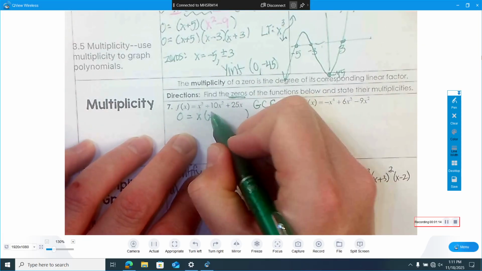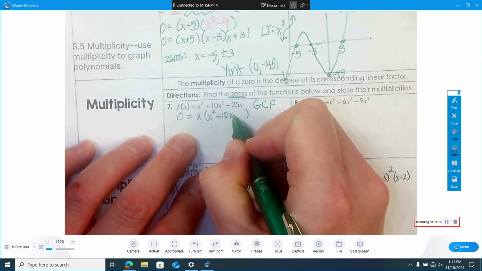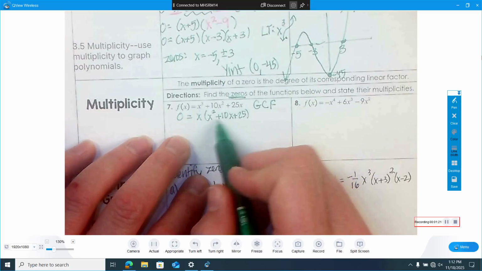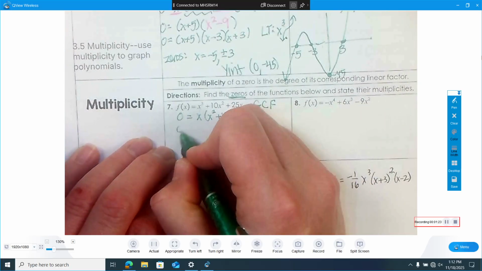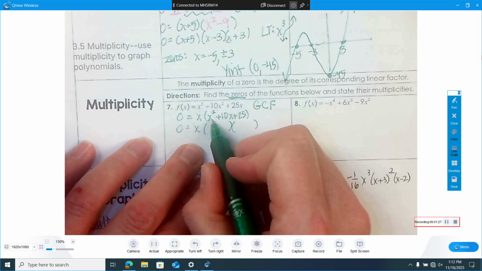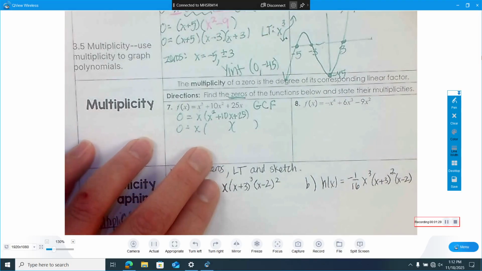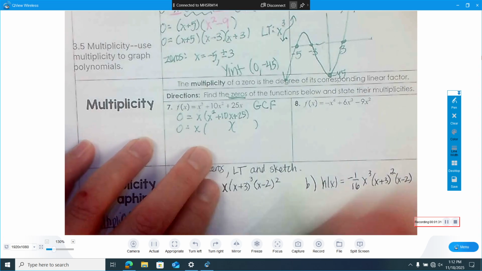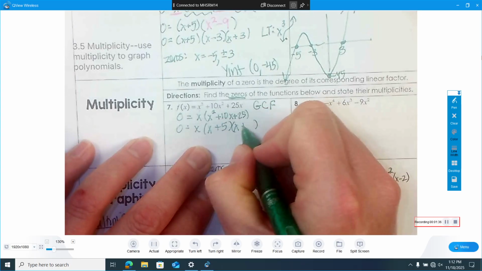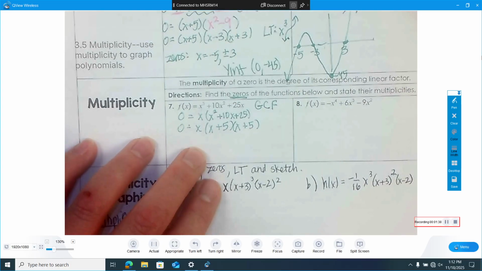All right, so we have x squared plus 10x plus 25. And then we can double bubble this little trinomial there. So we have x, and then we're going to double bubble. How does x squared plus 10x plus 25 double bubble? 5 and 5, yep. x times x gives me the x squared, and positive 5 and positive 5.